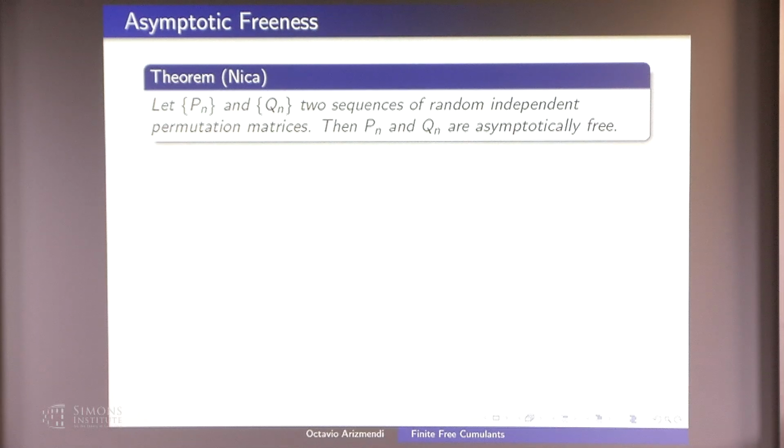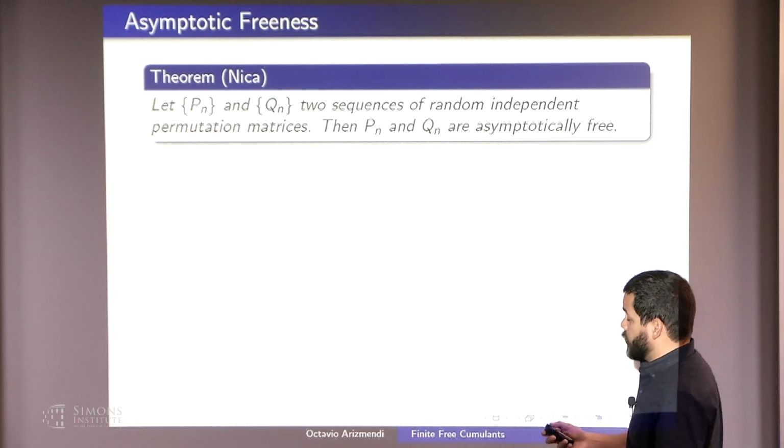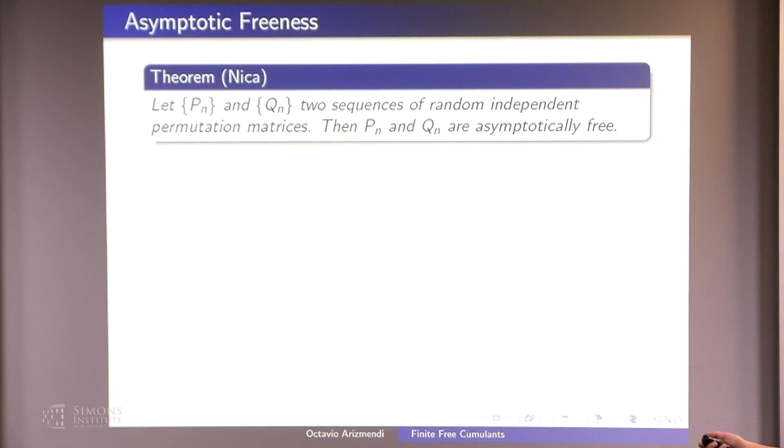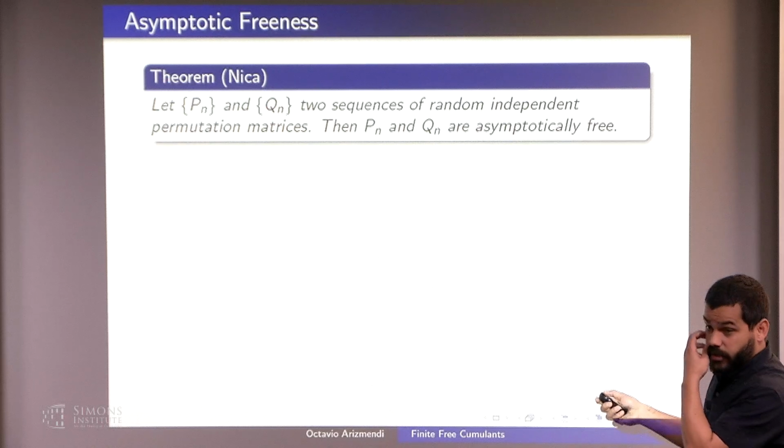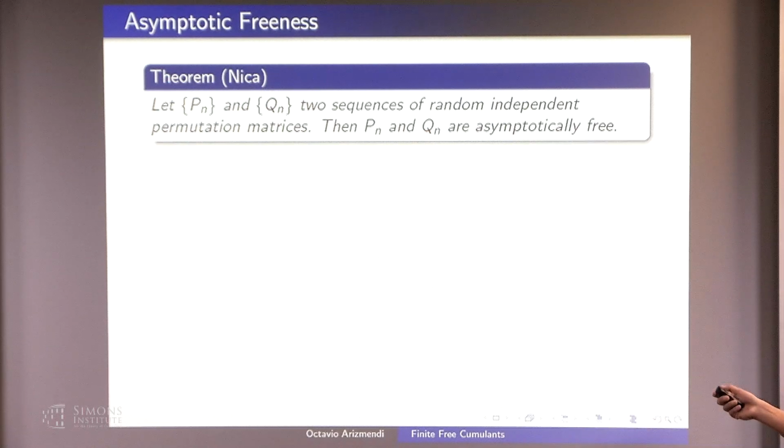And maybe for this conference, an important example that doesn't follow from the previous one is when I consider permutations. If I have two random permutations, they are actually asymptotically free.